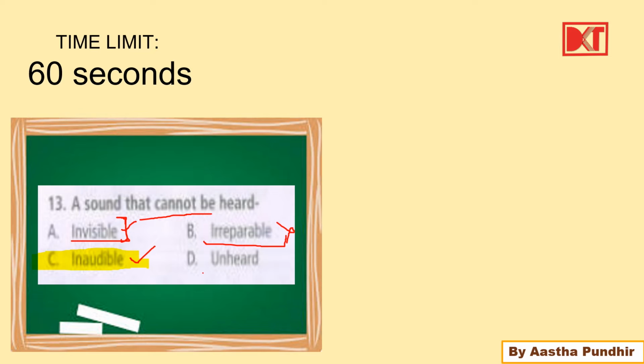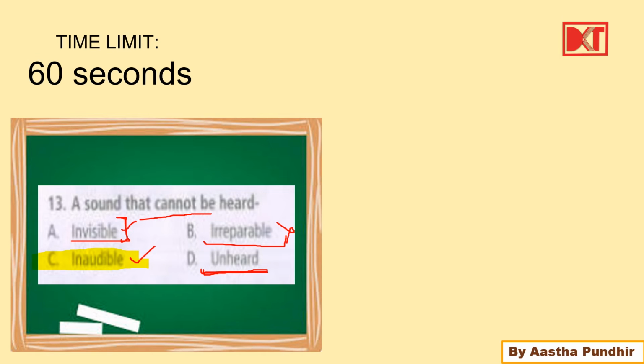And unheard. Here you can be confused, but the correct answer is C, because it refers to a sound that cannot be heard, whereas D, unheard, refers to something that you haven't heard of yet. Suppose someone tells you about a new dish, like from a friend from a different country, say from Africa.